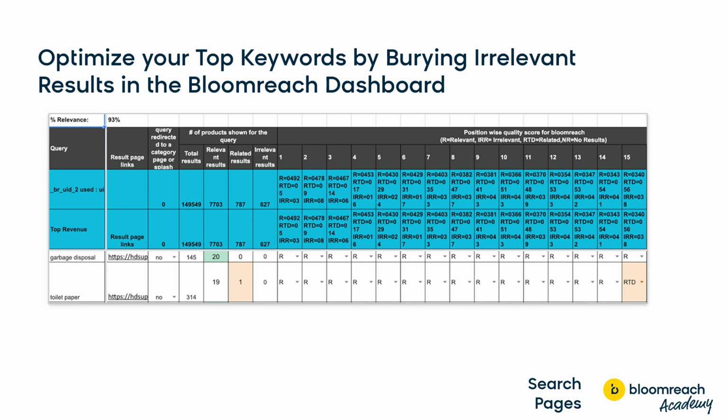And the Bloomreach gold standard is 90% for relevance. And what that means is, 90% of the products that are shown in your search results will be relevant for at least the top 200 keywords, because those are the ones that typically generate the bulk of revenue for most customers.